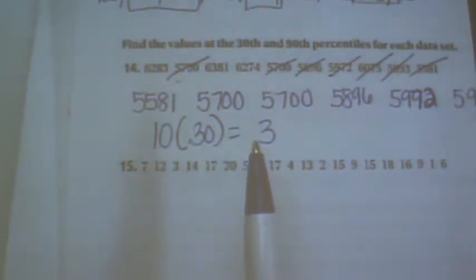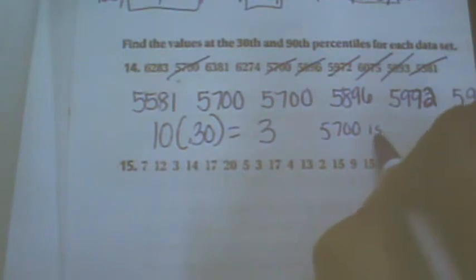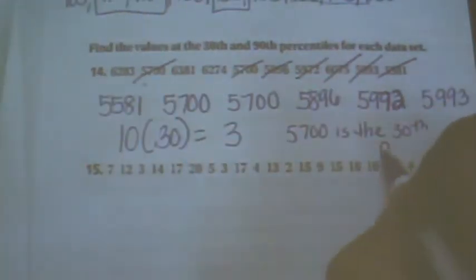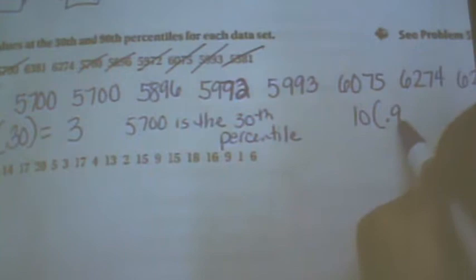So 5,700 is the 30th percentile. How would you figure out the 90th percentile? You do 10 times 0.90, which is 9.